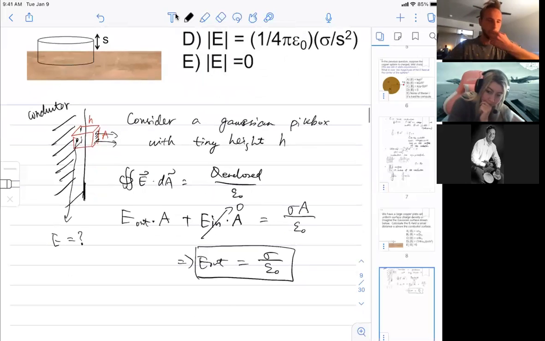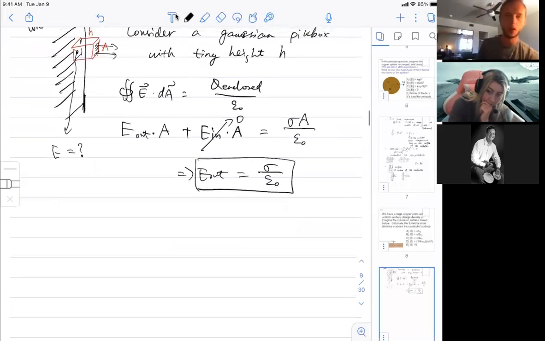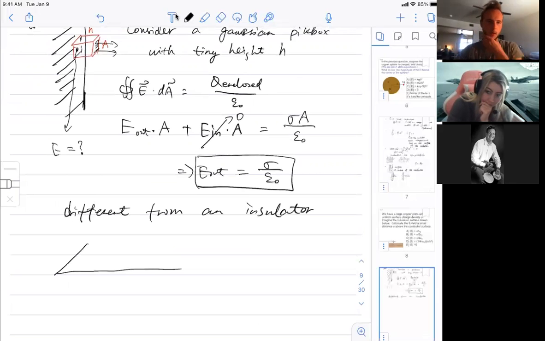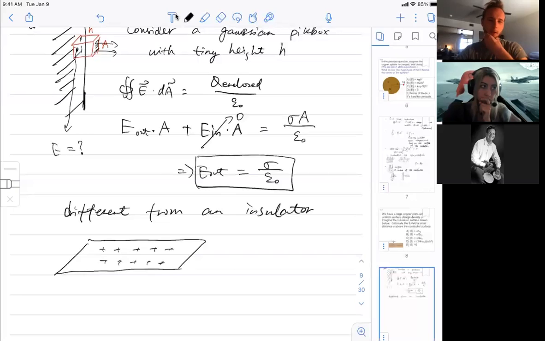Now notice this is different from an insulator. Do you guys still remember the result for an insulating sheet? It should be sigma over 2 epsilon naught. Yes, for an insulating sheet, because we have drawn E here, and at the bottom, E is here.